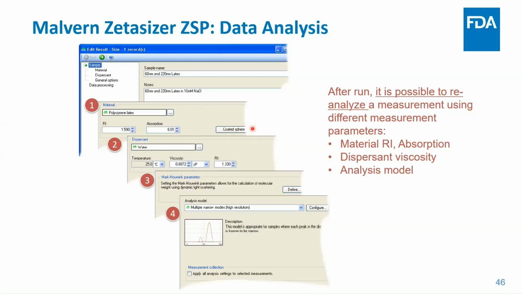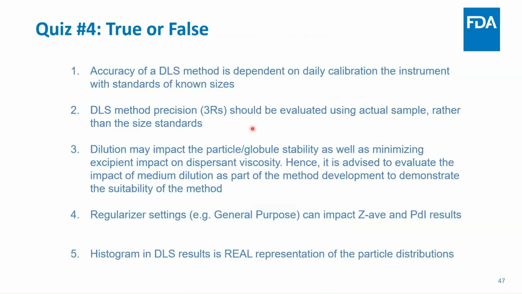You can change the dispersant viscosity, the temperature, or the measured temperature, and the analysis mode, so that you can reprocess all the data and see how it changes if you suspect that they were using incorrect values, or if you want them to go back and reprocess it under different conditions. It's totally possible.